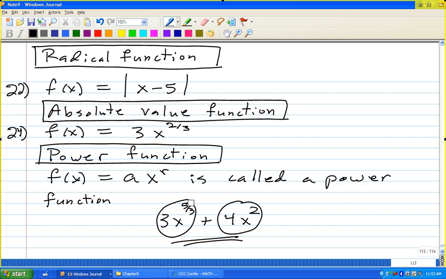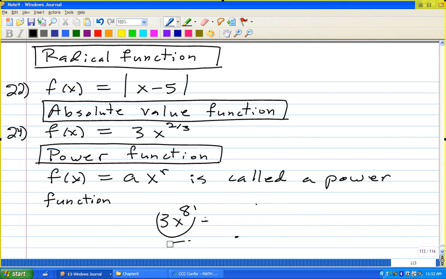And so if you had a polynomial, then this is a polynomial because each of the exponents are whole number exponents, and each of these terms are power functions, but in total, since you've added them, it is a polynomial. Is that clear?